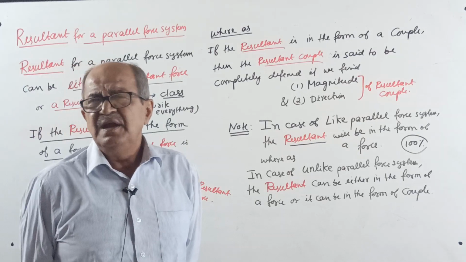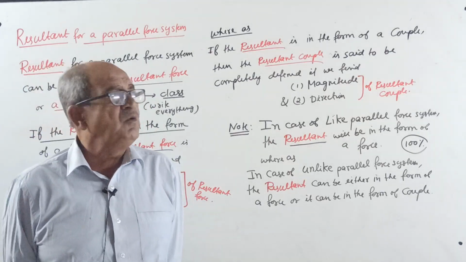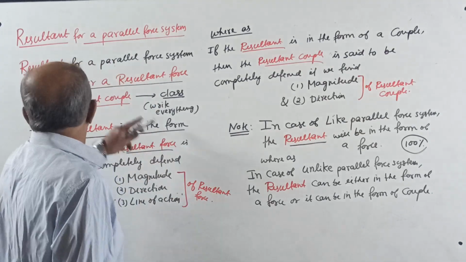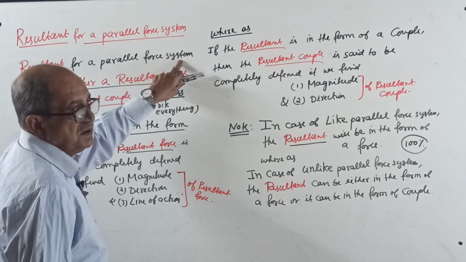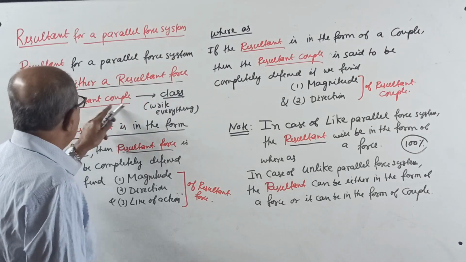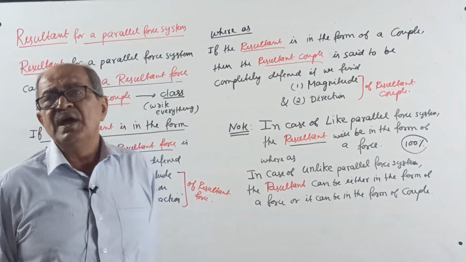Make a note. It is the same as that for the general case; we are considering only coplanar. Remember, we are considering a coplanar parallel force system. So, the resultant for a parallel force system can be either a resultant force or a resultant couple. Same as coplanar force system.